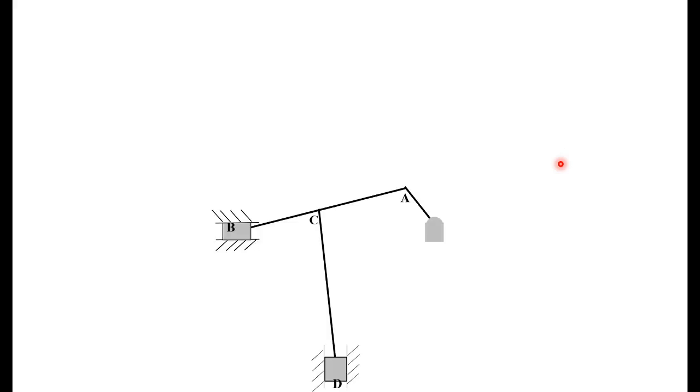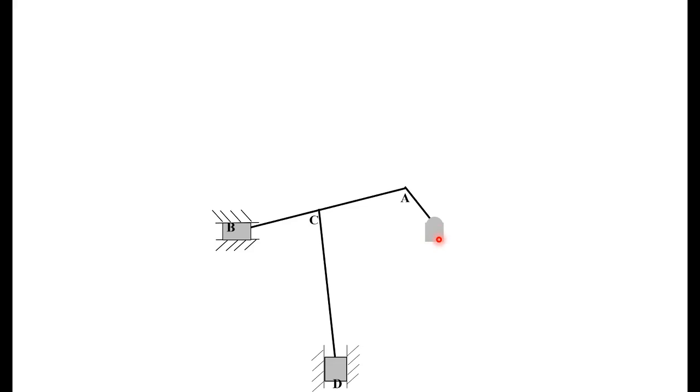First step, you have to draw the space diagram of the given mechanism. So suppose this is a space diagram, sorry, not phase, space diagram. Then points are mentioned, A, B, C and D. The center point is O, I forgot to mention. Please write it as O here.